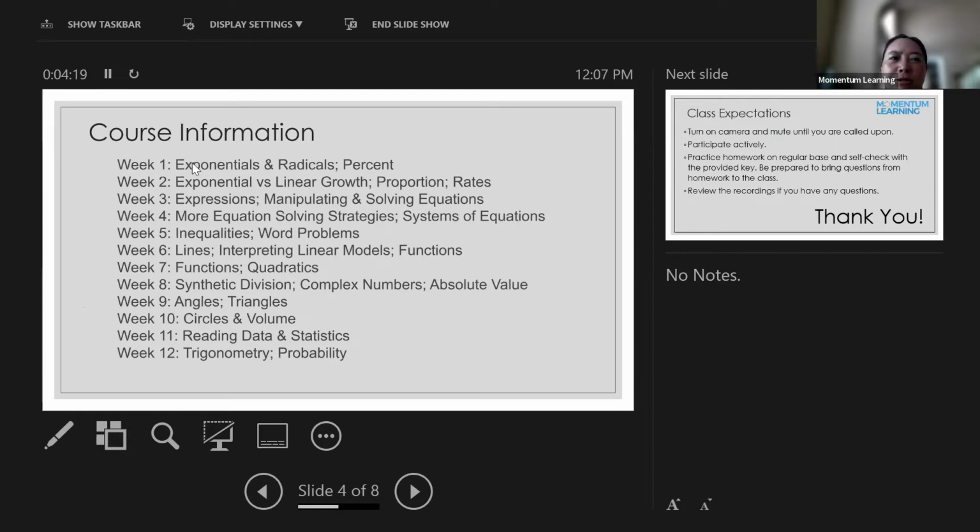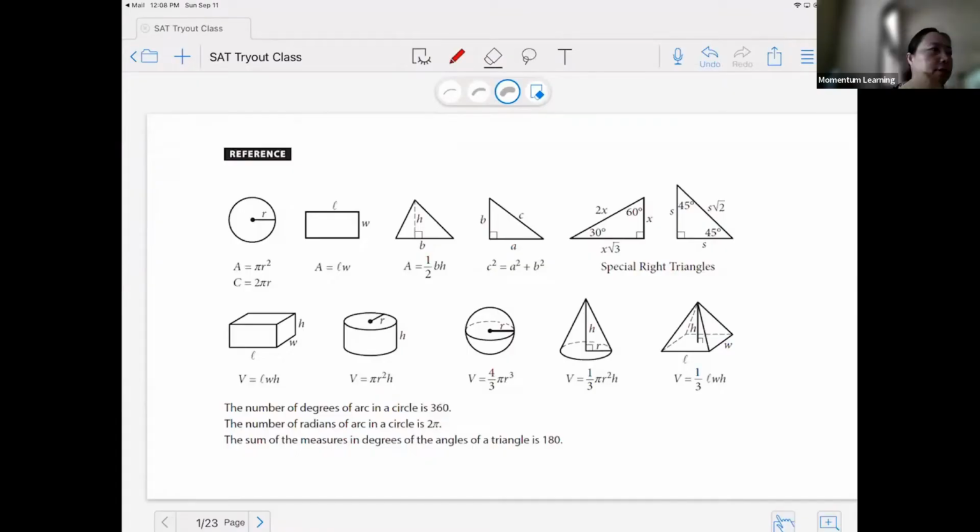I'm going to start with our week 1, the exponentials and radicals. Most of you are high schoolers, so the College Board will change the rules in 2024, but most of you look like you would take the current format of the test. Which means you will have 2 sections. One is without a calculator, one is with a calculator.